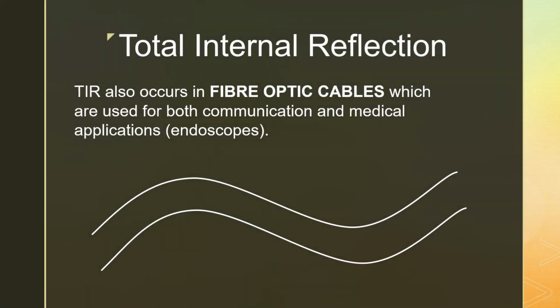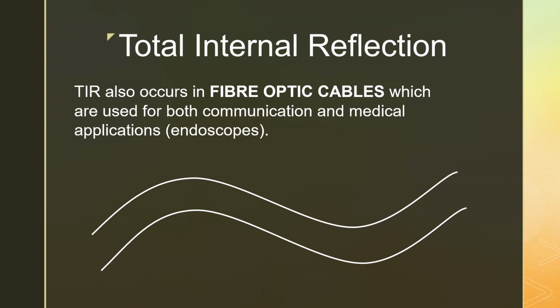Okay, and finally, another application of total internal reflection, another way that it is used, is in fiber optic cables. Now that's really important because it's used here for two really important applications, one being communication. You are going to be watching this video on your computer. I'm sure most of that information is going to have passed from a server to your computer along a fiber optic cable.